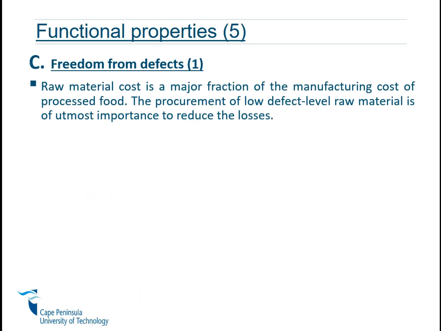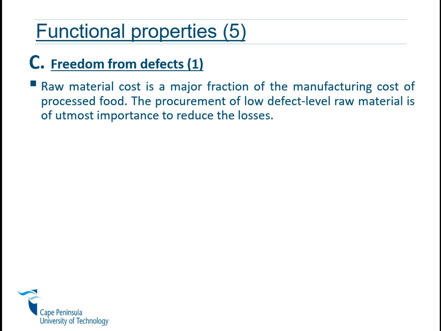So, freedom from defects, I think this is the last part. Raw material cost is a major fraction of the manufacturing cost of processed foods. So as a manufacturer, it is important that you procure materials of low defect level to reduce any losses.